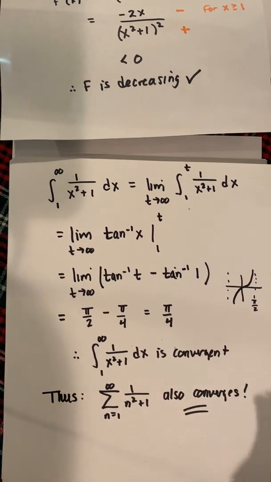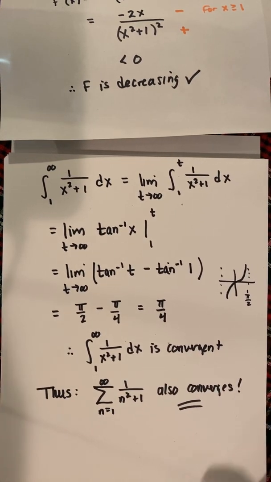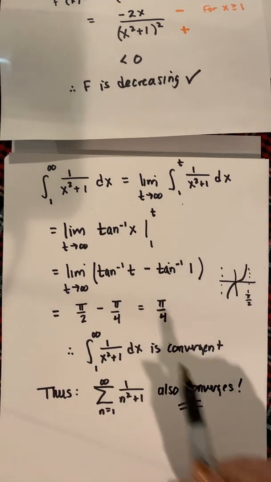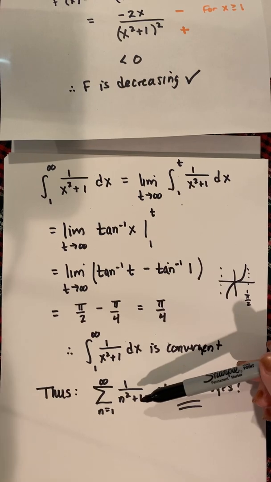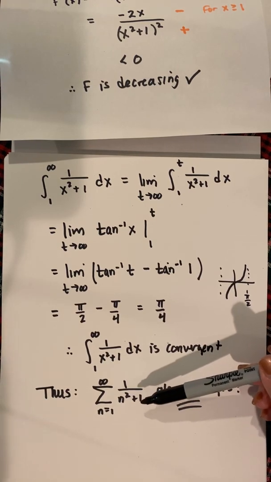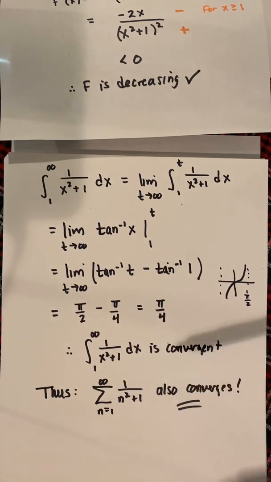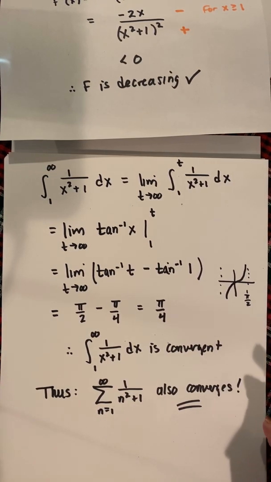Right, now all we can determine is that this series converges. We don't know the value to which it converges. The integral has a value, it's pi over 4, but the corresponding series does not necessarily take on that same value. All we can determine and conclude is that the sum of 1 over n squared plus 1 from 1 to infinity converges.